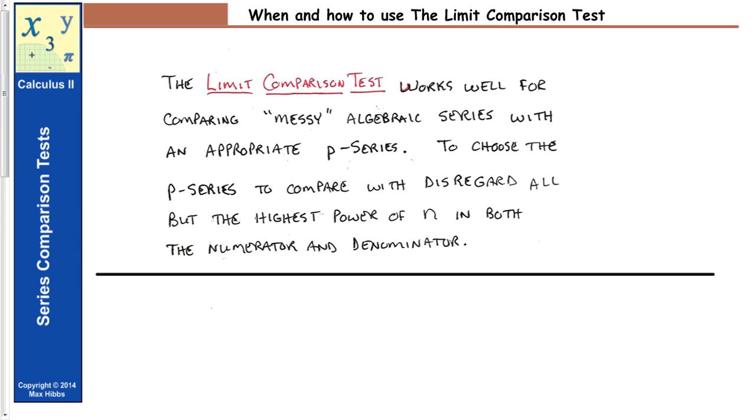And as you can read, the limit comparison test works very well for comparing a messy algebraic series with an appropriate p-series. And to choose the p-series we're going to compare to, in the original series, we disregard all but the highest power of n in both the numerator and denominator. Let's back up.